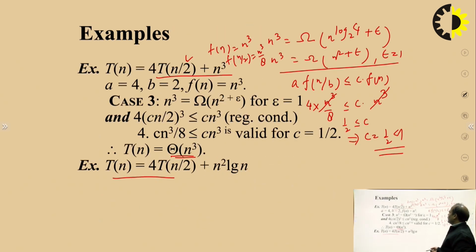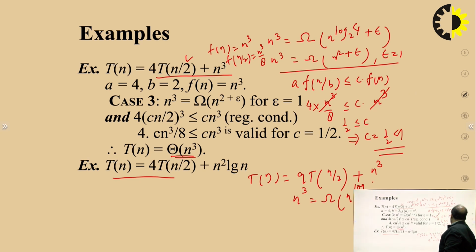You can take another example, like T(n) = 9T(n/2) + n cube. Here you see n cube is omega of n to the power log a base b, where a is 9 and b is 2, with plus or minus epsilon.